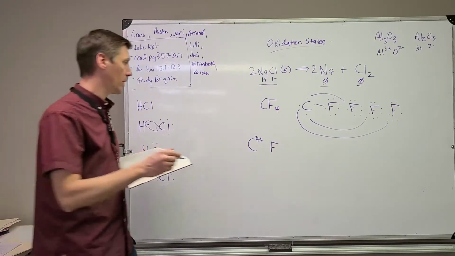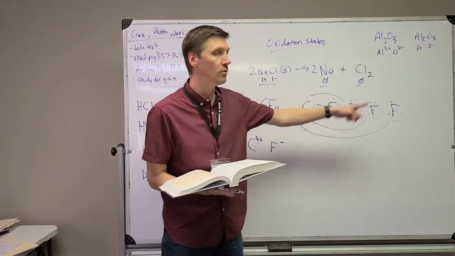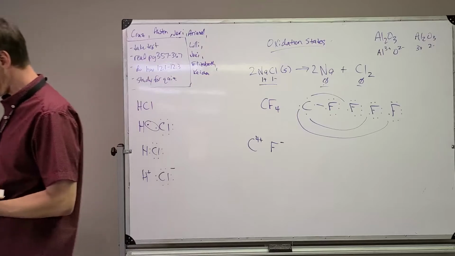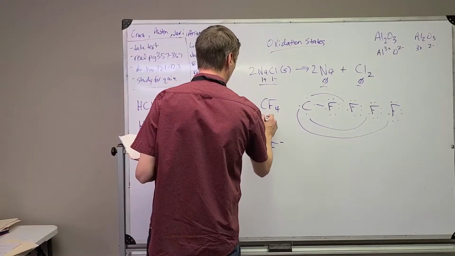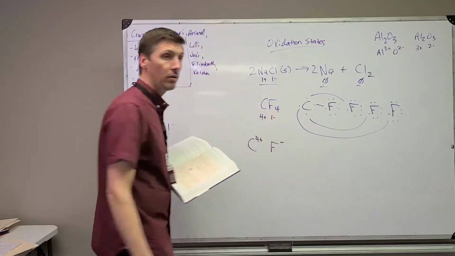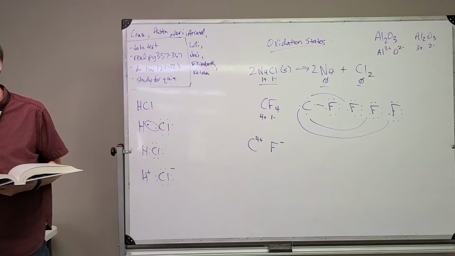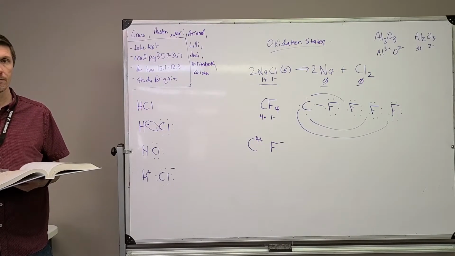Just 1 negative, because we're talking about each individual F. So what I would expect you to write down as far as the oxidation state goes is a 4+ below the C and a 1- below the F. Okay? Is that clear to everybody? All right.